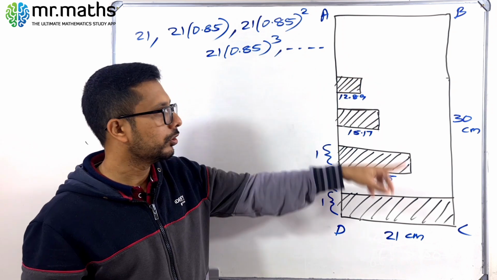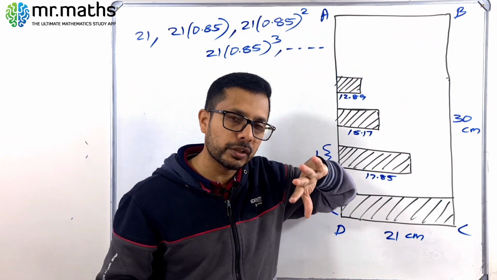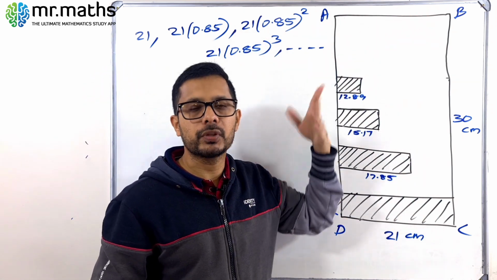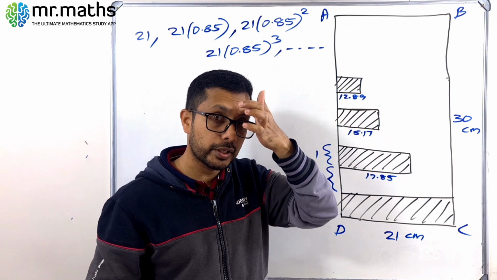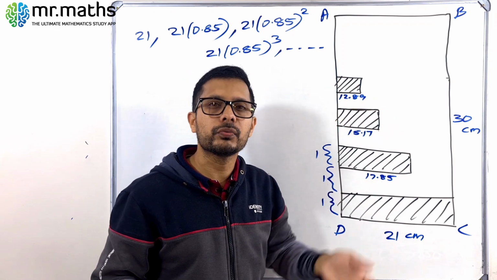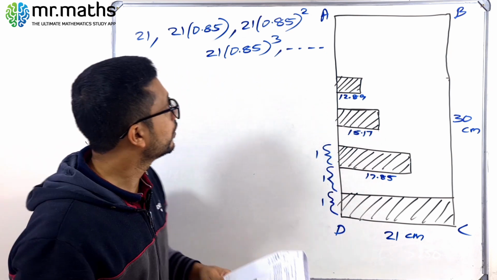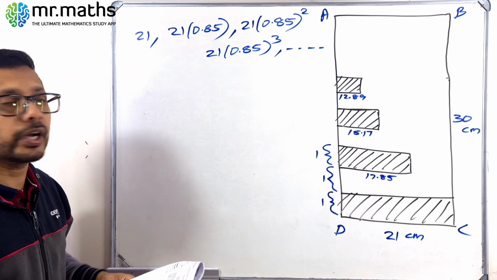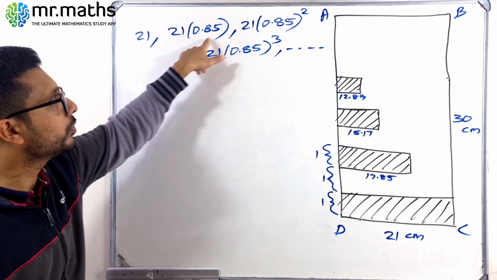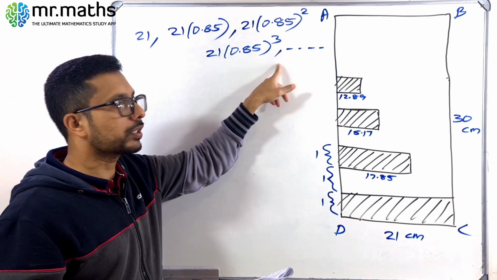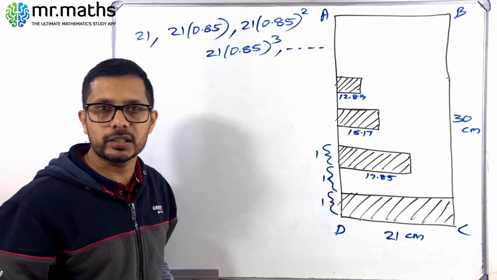I told you the total is 30, so half of it is gray and half of it is gap. So what is the length of the 10th rectangle? In effect, this is T1, this is T2, this is T3, this is T4, and so on. What is T10? That's what you want to find.